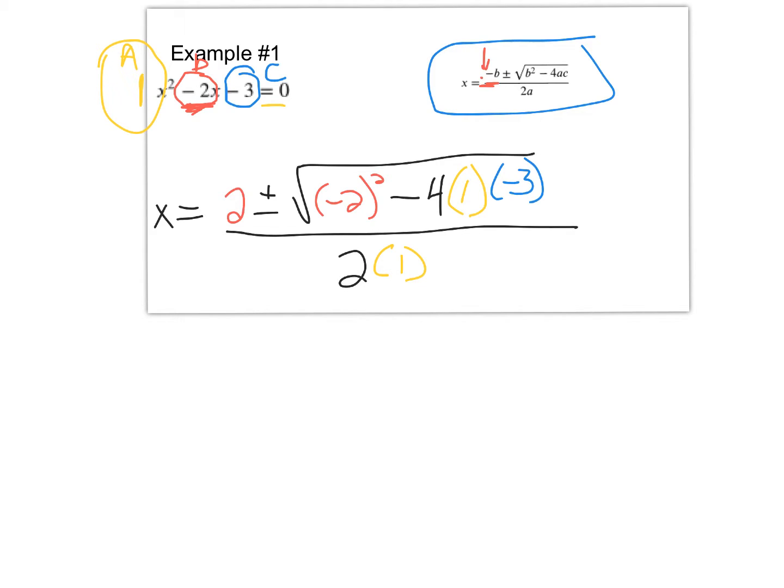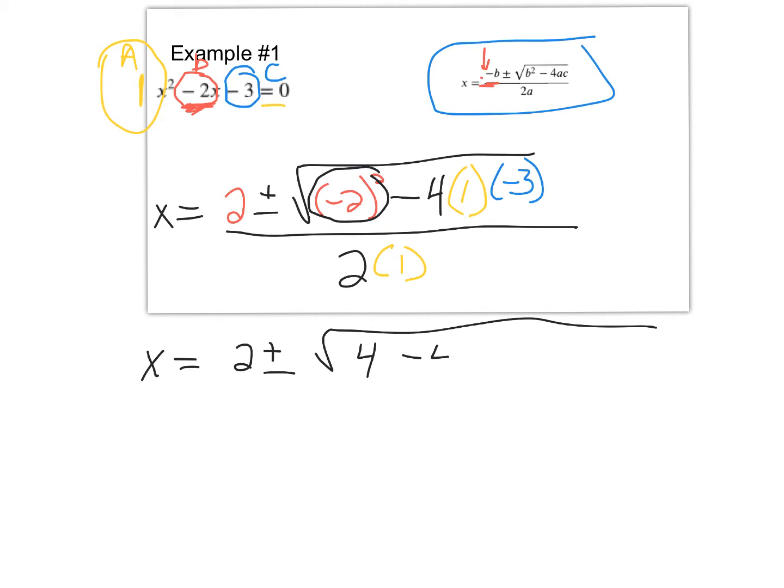Now our next step is to start working under the radical a little bit. So x equals 2 plus or minus radical. Now negative 2 squared is positive 4, because negative 2 times negative 2 is 4. Minus 4. Now here's where you've got to be extra cautious.